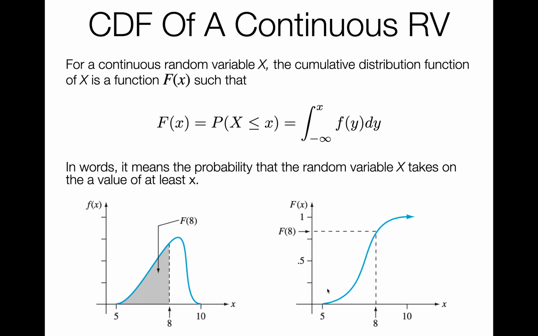So before, for the discrete situation, it would have said the CDF equals the sum over all x up to, let's say, up to a certain point x of f of x.